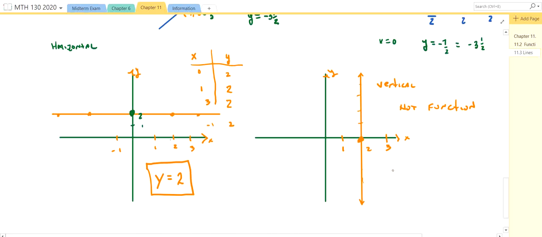We might say here that x equals 3. But again, y is not a function of x for this. All right, that's all for this chapter.